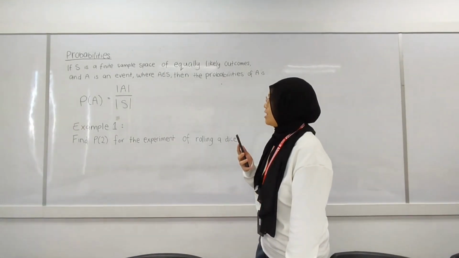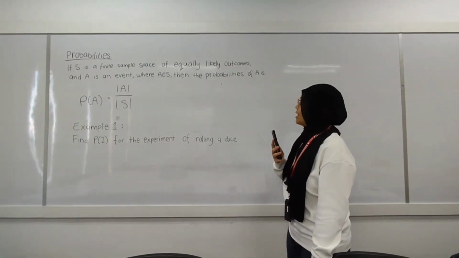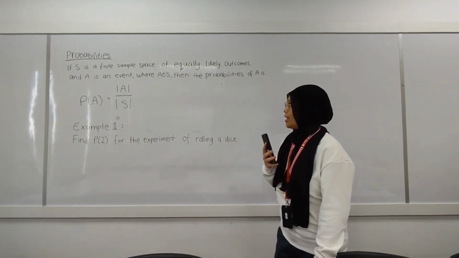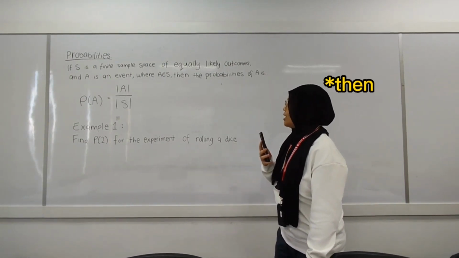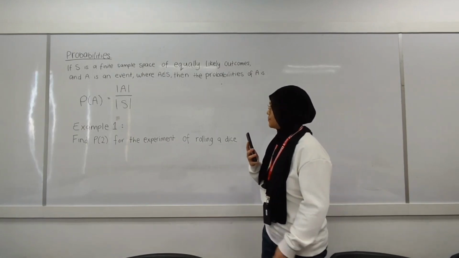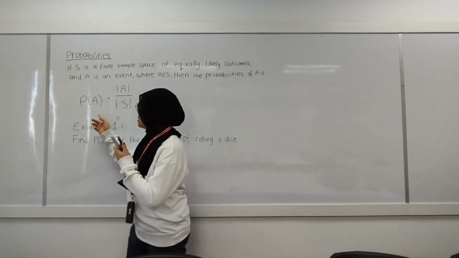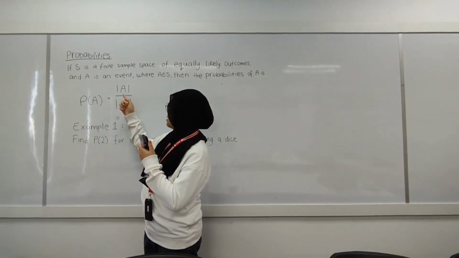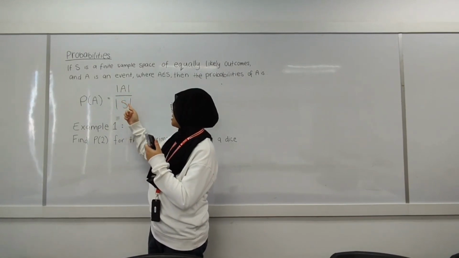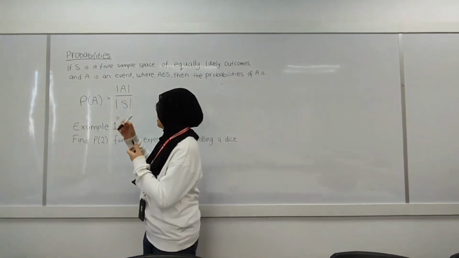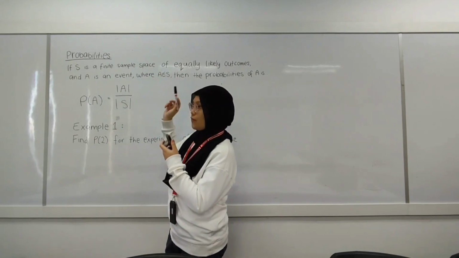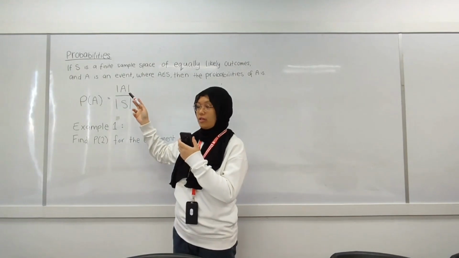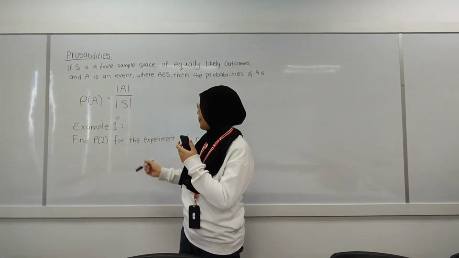If S is a finite sample space of equally likely outcomes, and A is an event in S, then the probability of A, the event, equals the size of A over the size of S. S is the sample space of equally likely outcomes. A is the event, the outcome of the event.